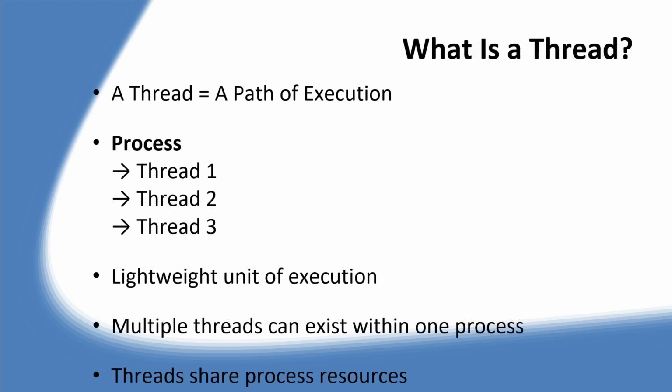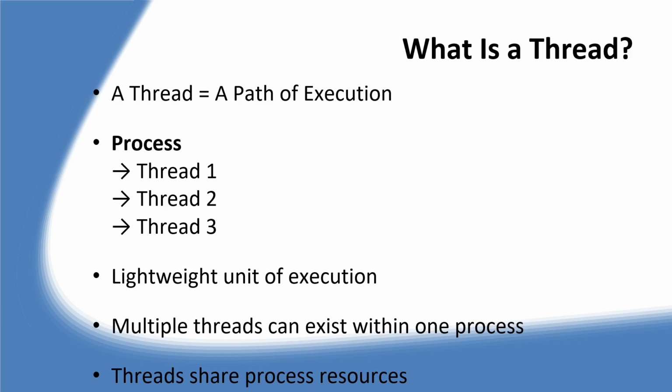So what is a thread? A thread is a lightweight unit of execution within a process. You can think of a thread as an individual path through which instructions are executed.